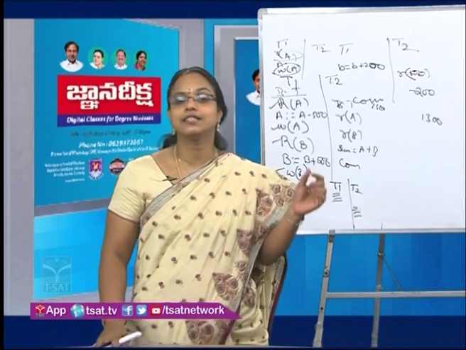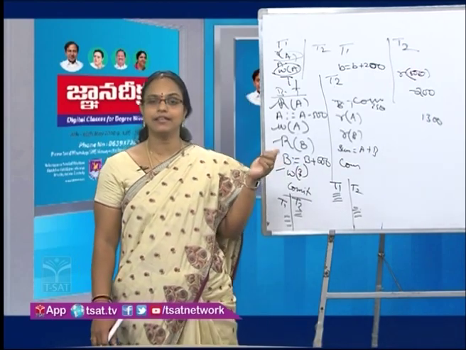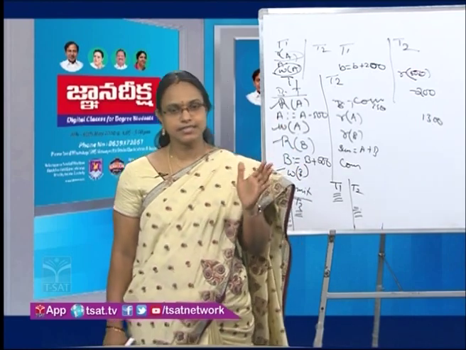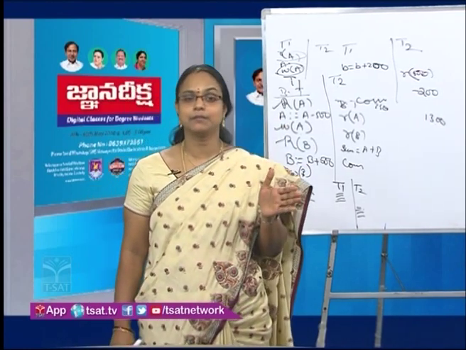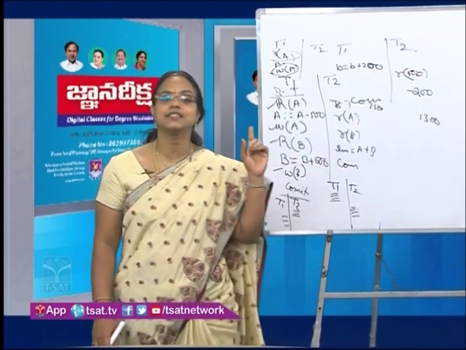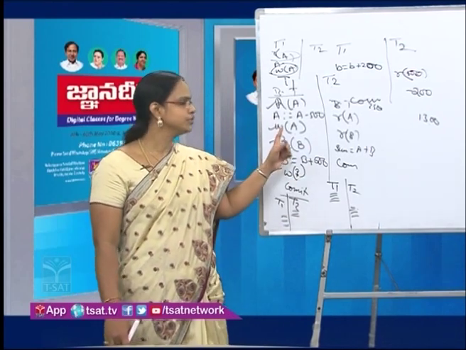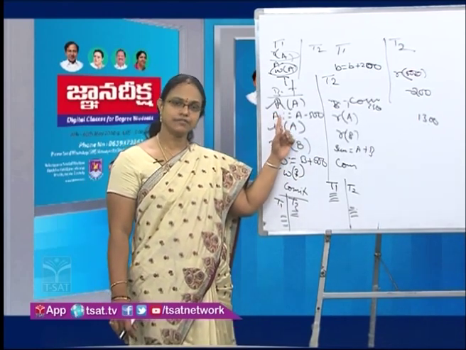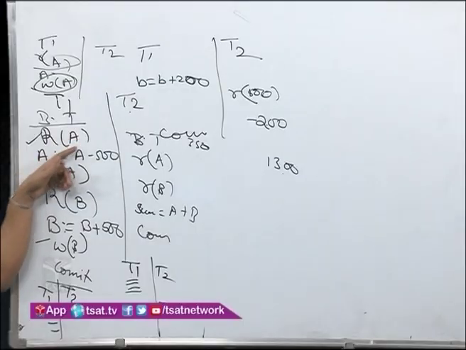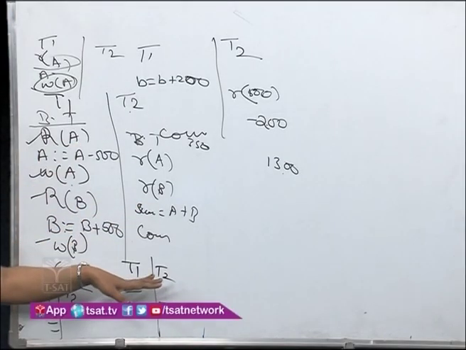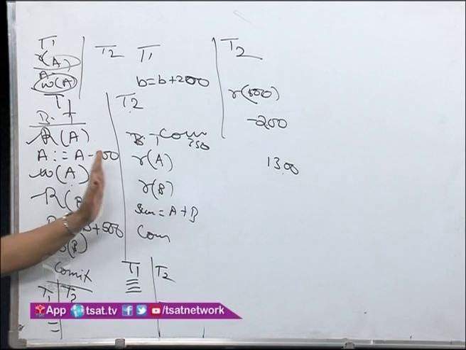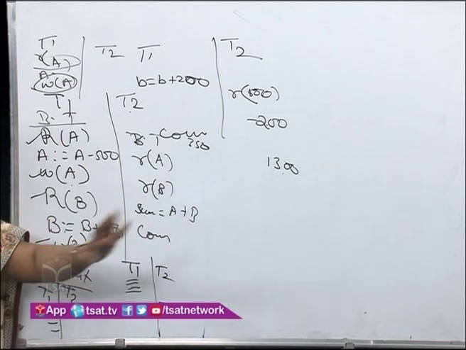Why? Because the transactions are executing parallelly, concurrently at the same time, and both transactions are accessing the same database object. If you look here, transaction T1 as well as transaction T2 are both accessing A and B. As long as they work on different tables, it doesn't matter at all.